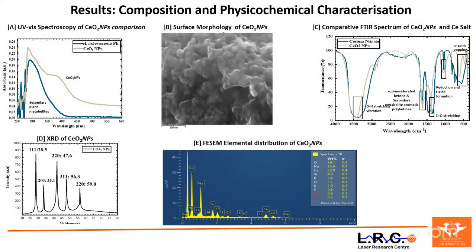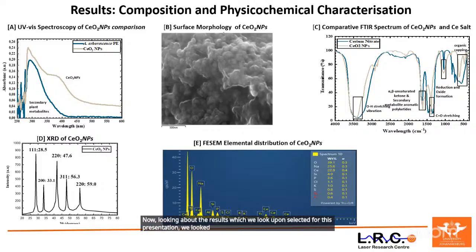Now, looking at the results selected for this presentation, we looked at the UV spectroscopy. When formulating our nanoparticles, looking at figure A on the top left-hand side, we saw that when synthesizing our nanoparticles, a peak showed between 350 and 375 nanometers, showing the synthesis of the nanoparticles that had been formed.